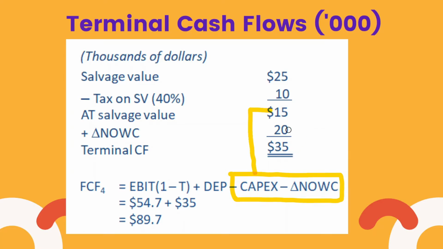We also recover operating working capital equal to $20,000. It will also enter the equation with a positive number, which is cash inflow. We add $35,000 on top of the operating cash flows at the end of the project. The relevant cash flow in year 4 is equal to $89.7 thousand.